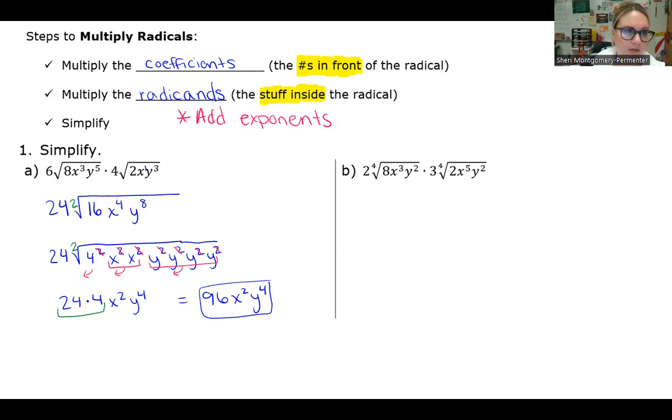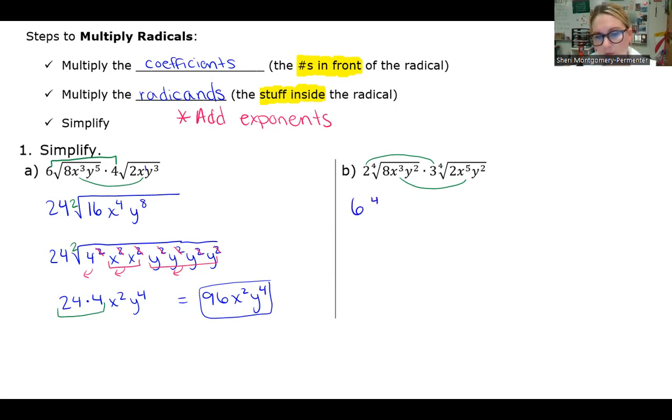As we look back at the first problem, we have to remember that we multiply the coefficients and then we multiply the radicands. So these numbers multiply together and these things multiply together. We're going to do the same thing again. So 2 times 3 gives me 6.